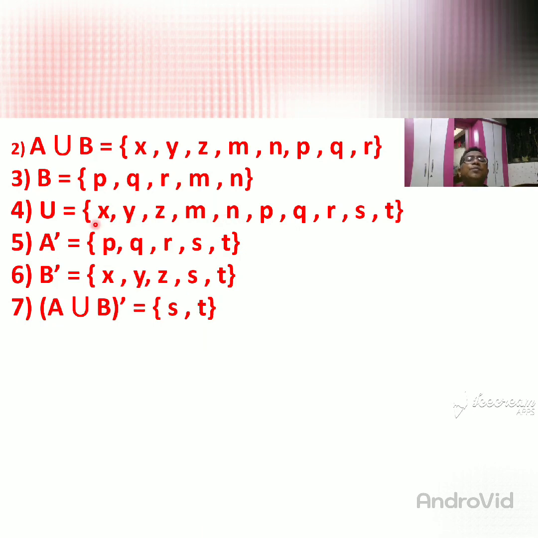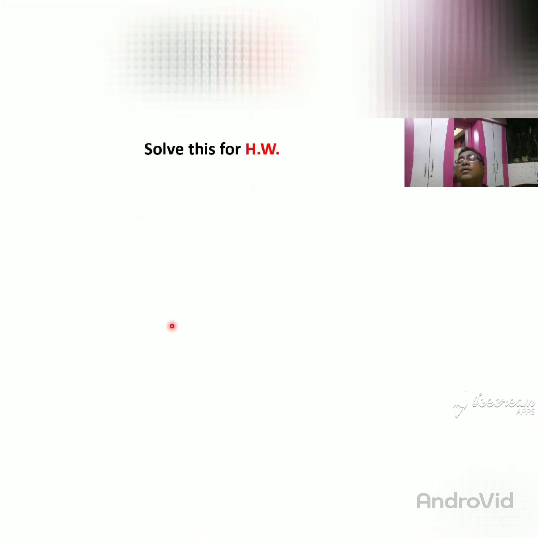They are cancelled from X to R because they are in the universal set. So which elements remain there? S and T. So the answer for A union B complementary is S, T. Do you understand it?